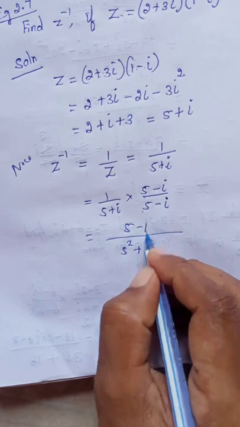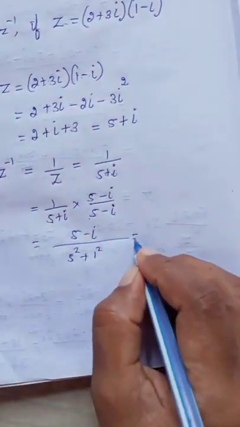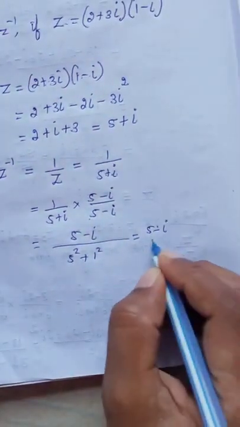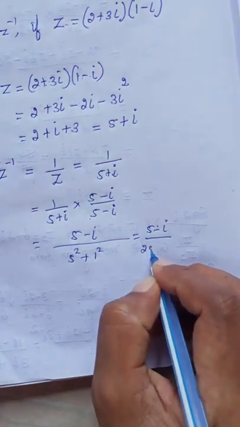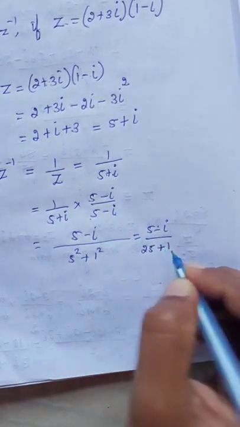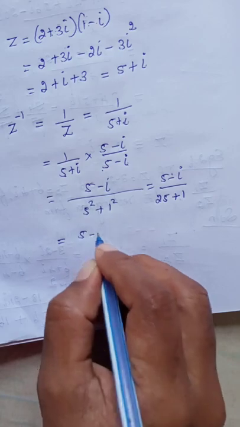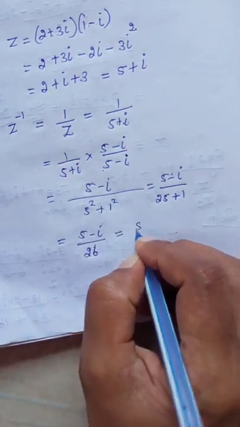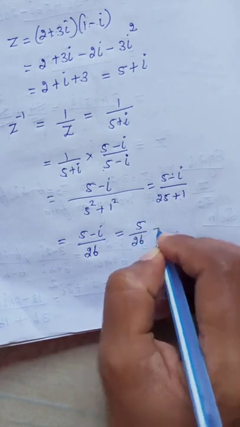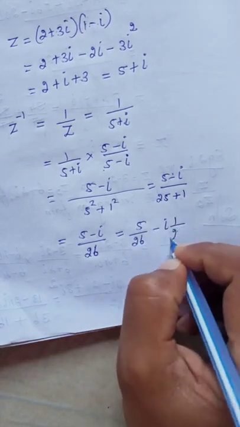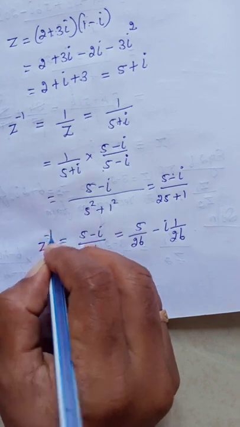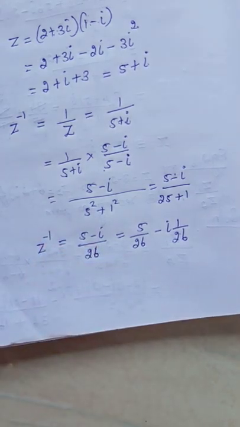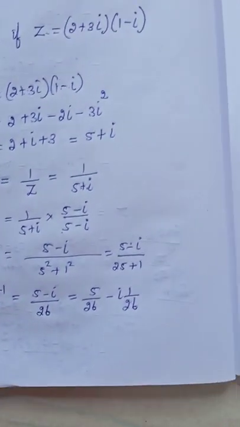Numerator, that is 1 into 5 minus i is 5 minus i. So, 5 minus i by 25 plus 1. So, we get 5 minus i by 26, or 5 by 26 minus i into 1 by 26. Did you all understand this?